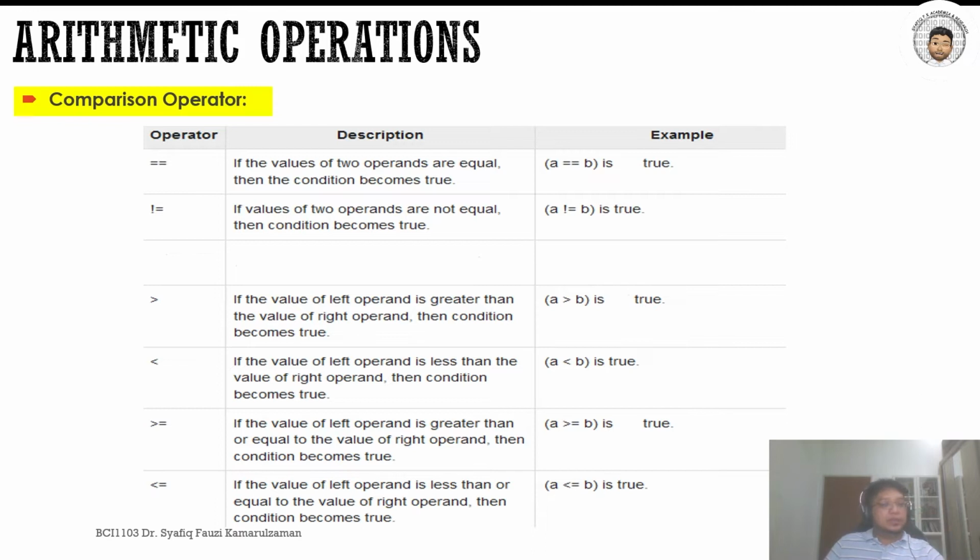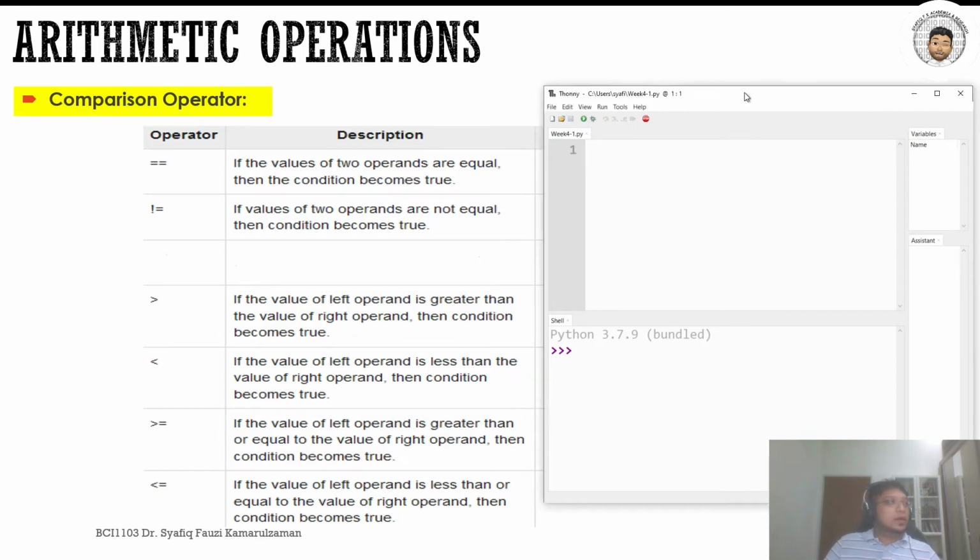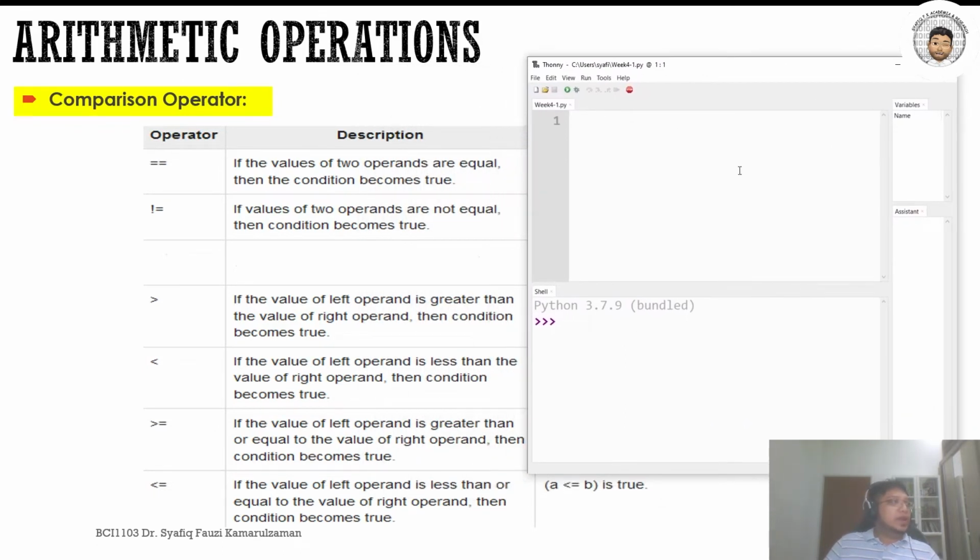Let's just demonstrate it here. Let's make one example.